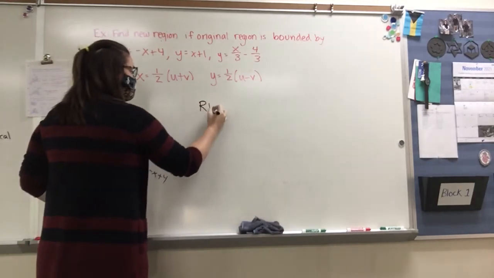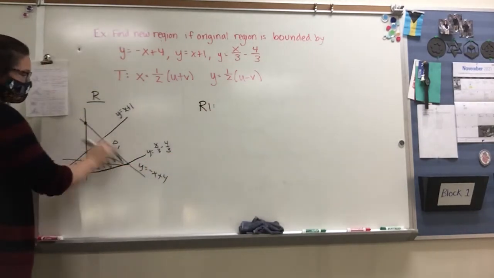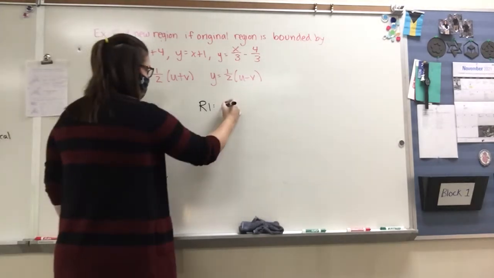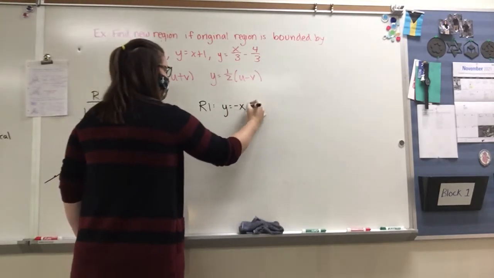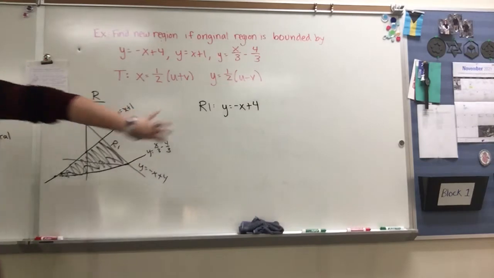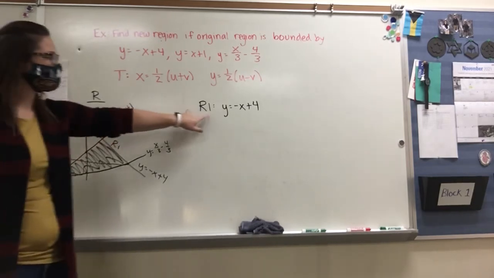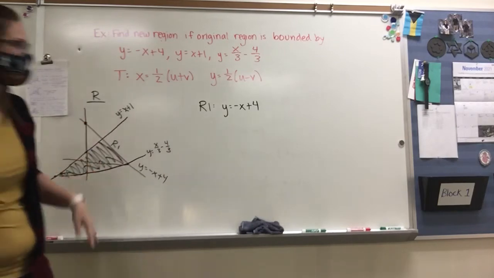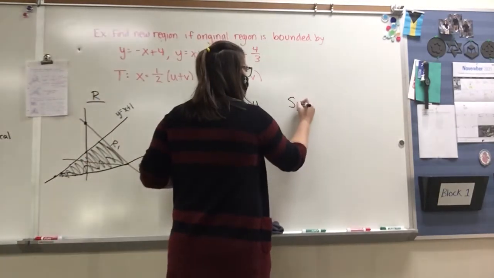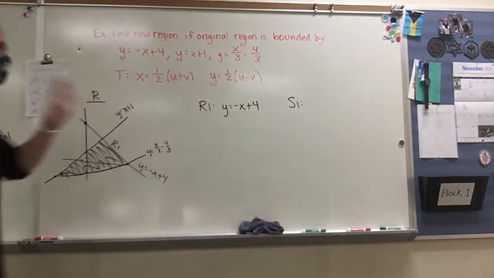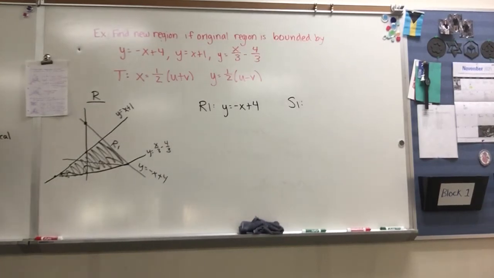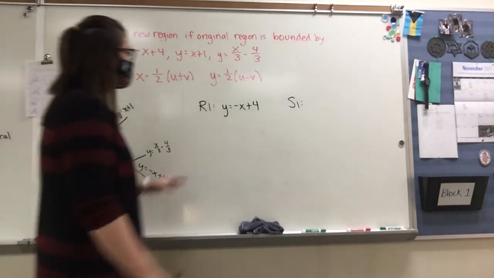So let's convert this first line segment, which is y equals negative x plus 4. This particular bit, before we get into the integrating part, is very much an algebra topic. I think it's kind of nice. So we're converting this first line into a new one. Let's plug it in just like we were doing before. I'm going to call this S1 to show that correlation between the two. And really everywhere I see a y, I get to plug in, and everywhere I see an x, I get to plug in.